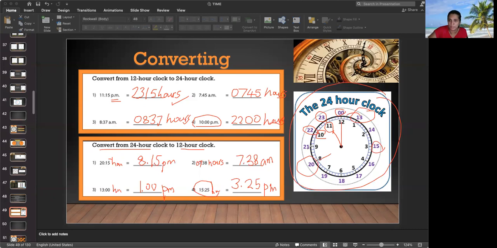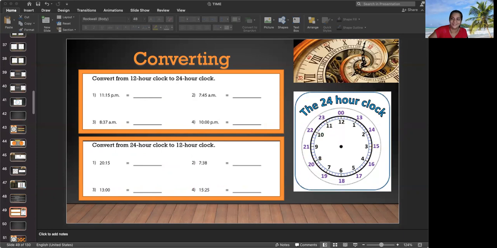You can just draw it out and get practice on drawing this and understanding how the 24-hour clock sits together with the 12-hour clock. And that will make your life easier, I suppose, when it comes to answering such questions.